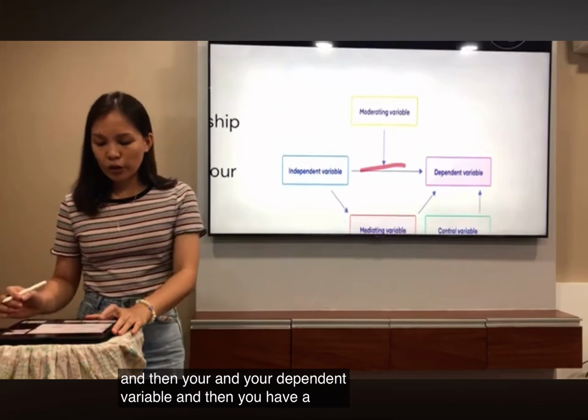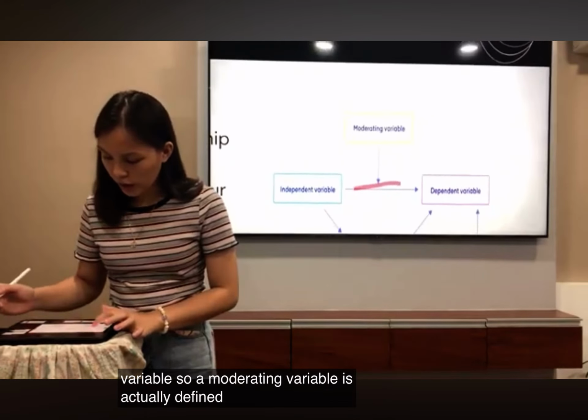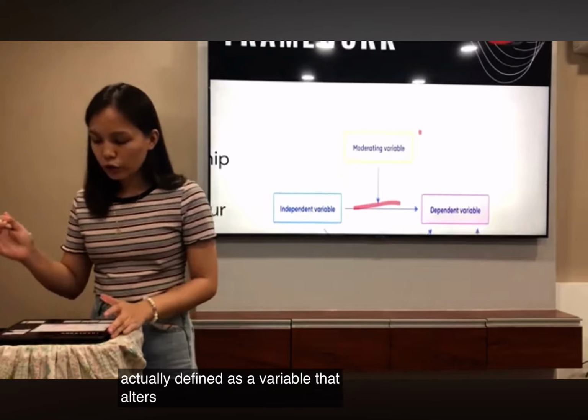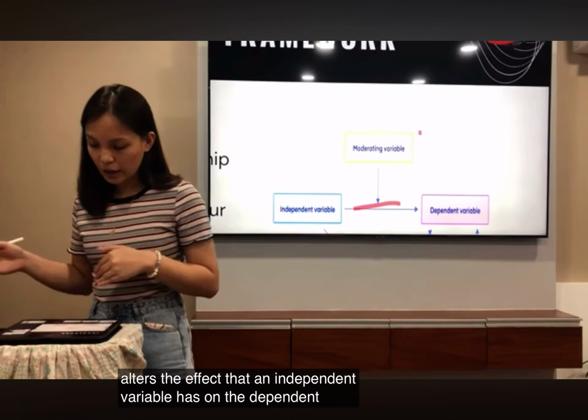And then you have a moderating variable. A moderating variable is defined as a variable that alters the effect that an independent variable has on the dependent variable.